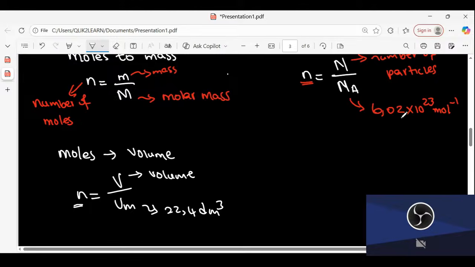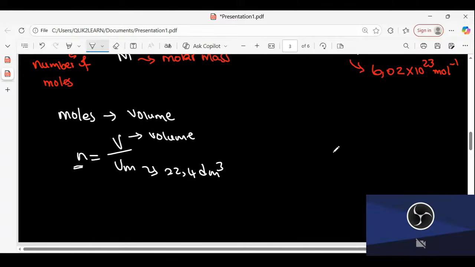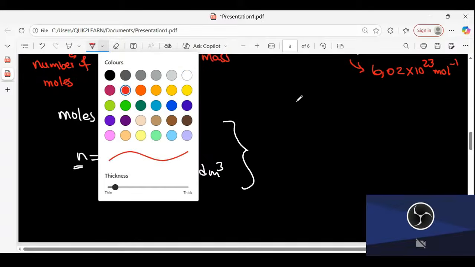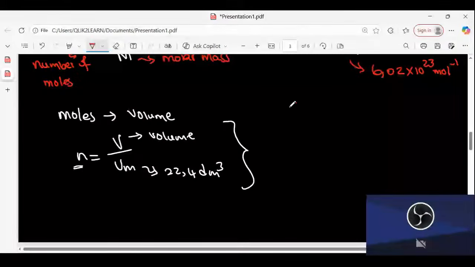Right. We're just going to leave the concentration part, converting moles to concentration, for now. We will come back and write it. But now what I need you to understand is that this formula only applies to gases.